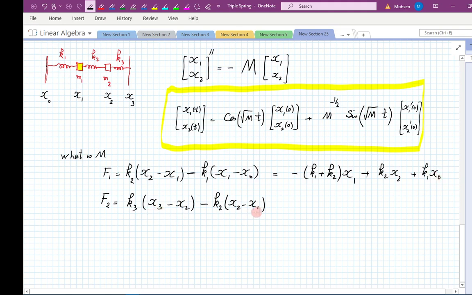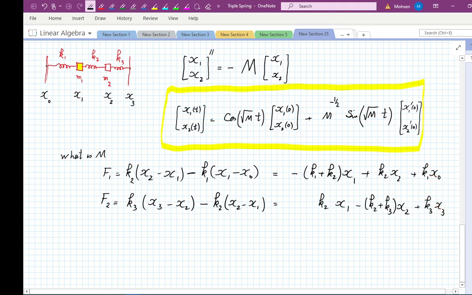For here, I'm going to put X1 first, so you see, I have K2 X1, and then for X2, I have minus K2 plus K3 times X2, and finally I have K3 X3.